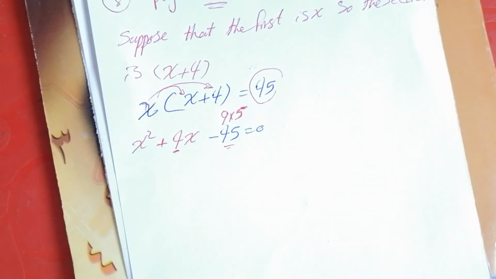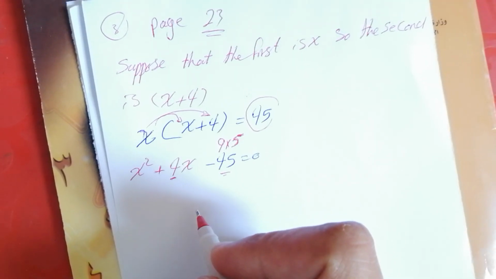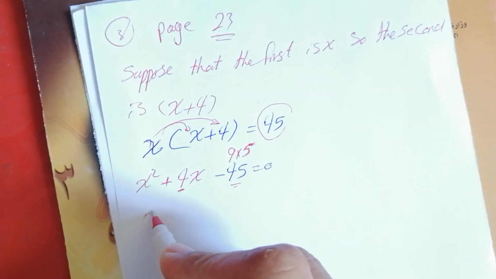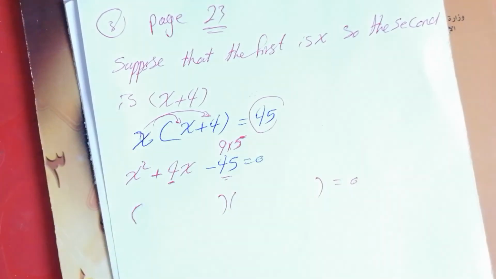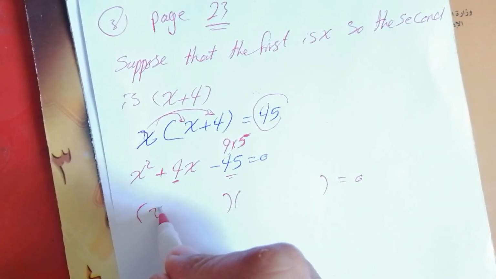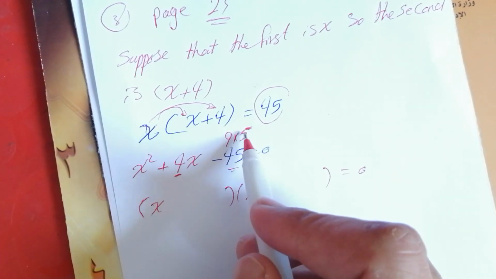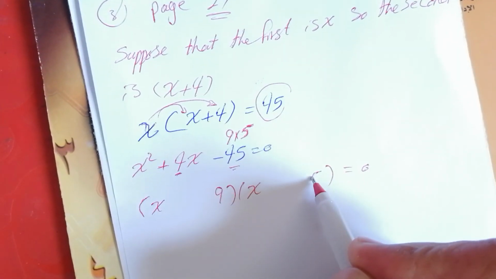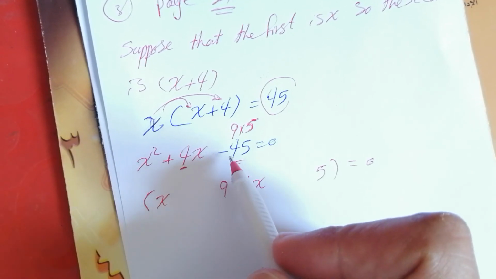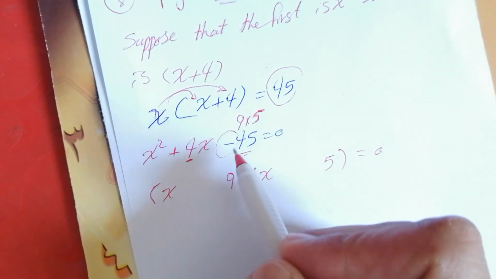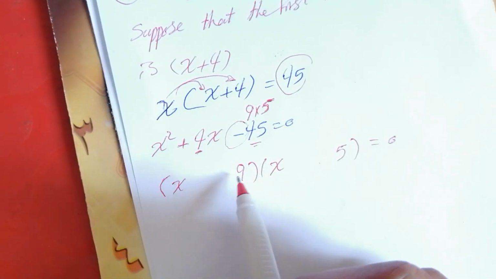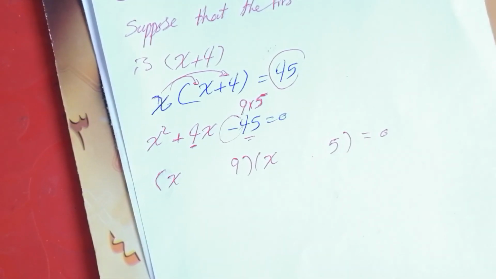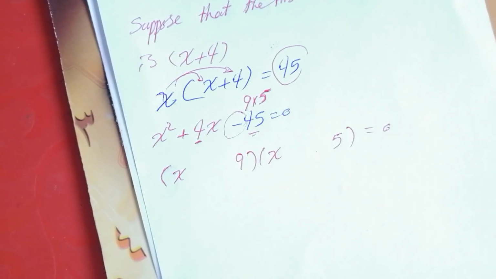So we can factorize it by using 45 equals 9 times 5, and then we have two brackets multiplied by each other equal to 0. So x and x, 9 and 5, and the sign of the constant is negative, so the two signs will be different, and the greatest value will take the middle term sign.